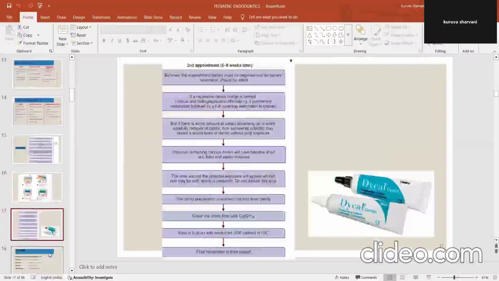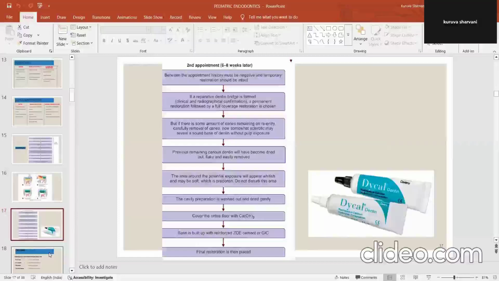And now, after that there should be a recall checkup. Initially we remove all the caries with a small round bur, followed by removal of caries with a small spoon excavator, followed by placement of the medicament. After 6 to 8 weeks, we remove the temporary zinc oxide eugenol and check for any dentin bridge formation.